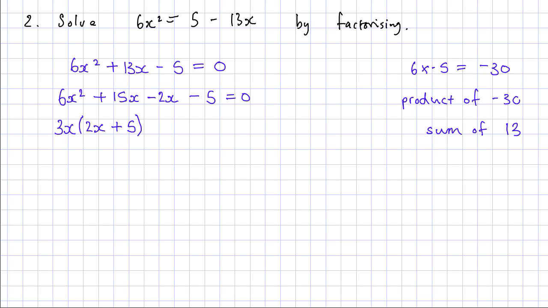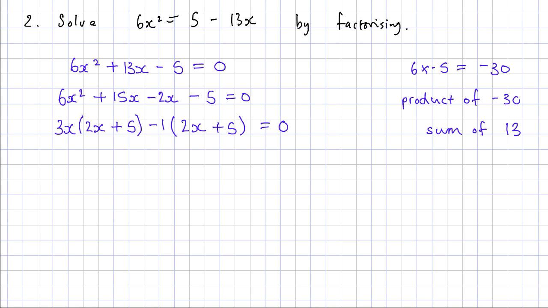And here I'm going to factorise out minus 1. So minus 1, that would leave me 2x plus 5. Now it's a plus 5 here because minus 1 times 5 gives me this minus 5, and this is going to be equal to 0.